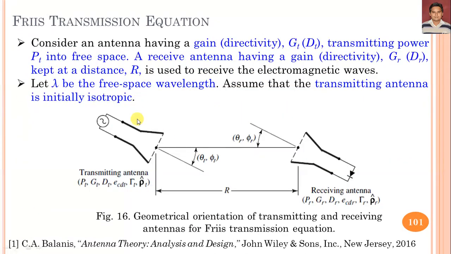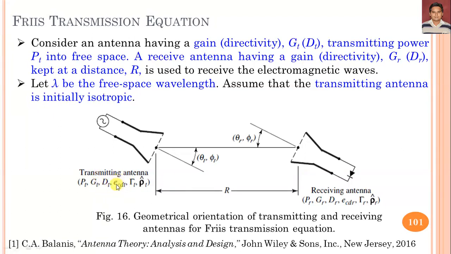To understand the concept of the Friis transmission equation, we can consider a geometrical orientation, as you can see in figure 16, of the transmitting antenna as well as the receiving antenna. Here you can see the parameters we consider: the transmitted power is PT, the gain of the transmitting antenna is GT, and DT is the directivity of the transmitting antenna.